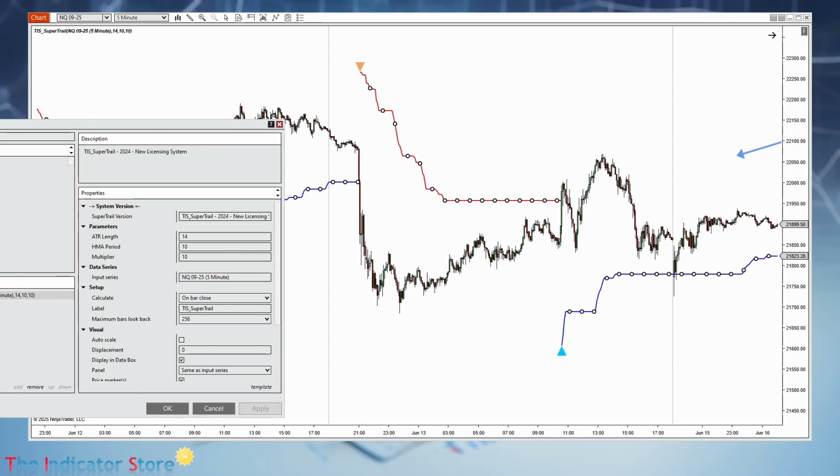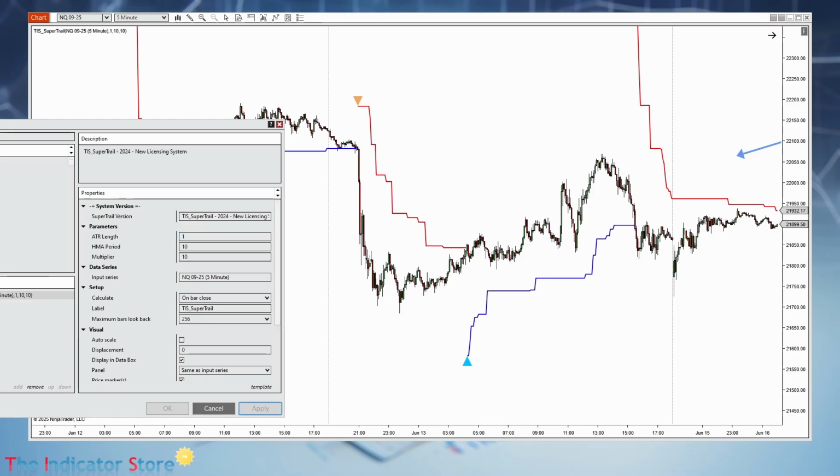Now, let's see different combinations that we can use with this indicator. For example, using the minimum ATR of 1, where we are looking at the range of the bar, it is more noisy because we are looking at bar by bar, the range of bar by bar.